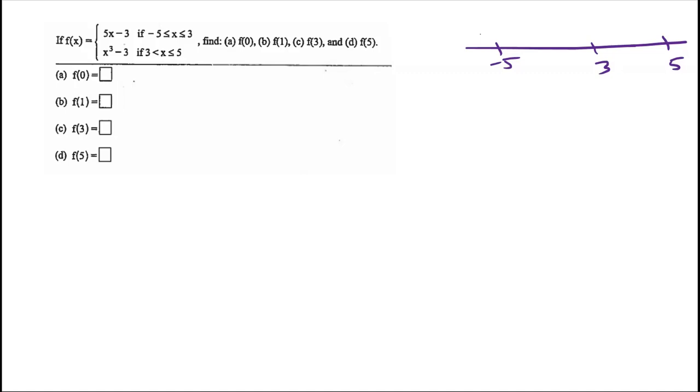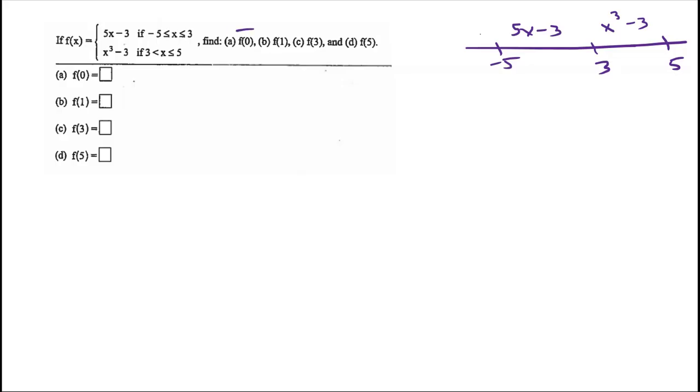If the numbers are between -5 and 3, including 3, then we use 5x minus 3. If the number is between 3 and 5, but not including 3, then we use the function x cubed minus 3. Hopefully the visual will help you.